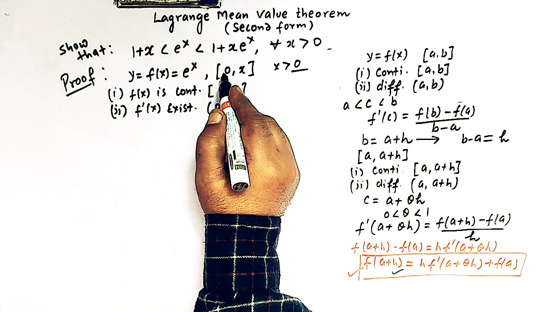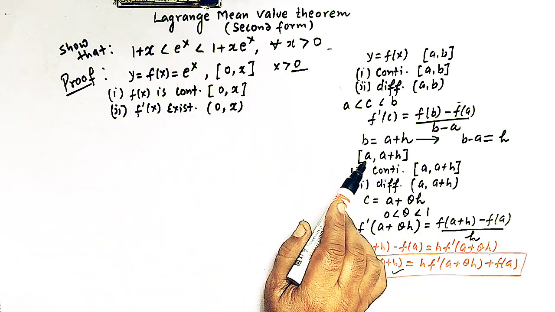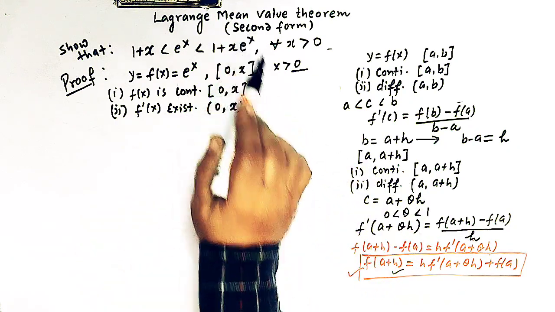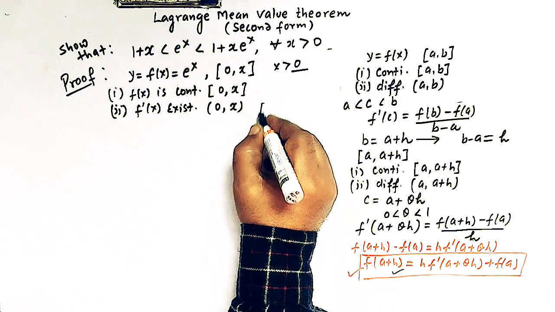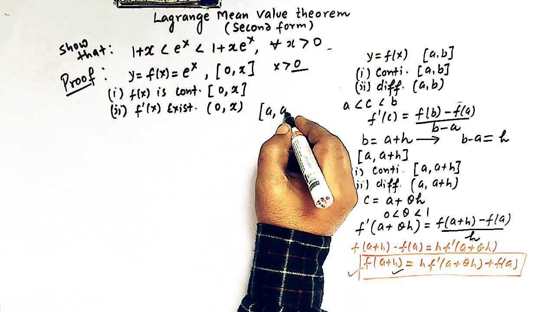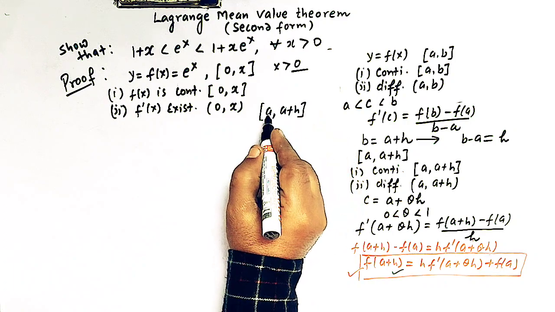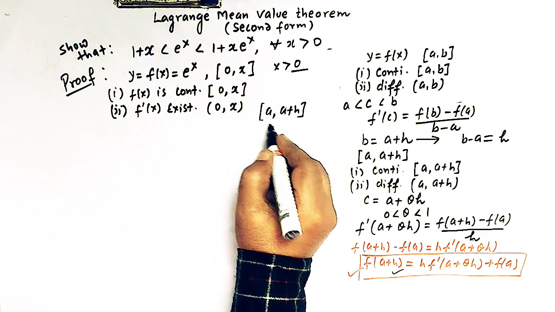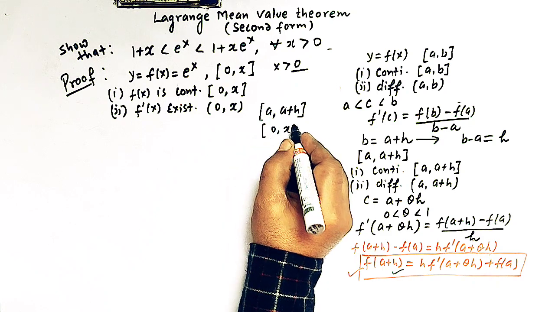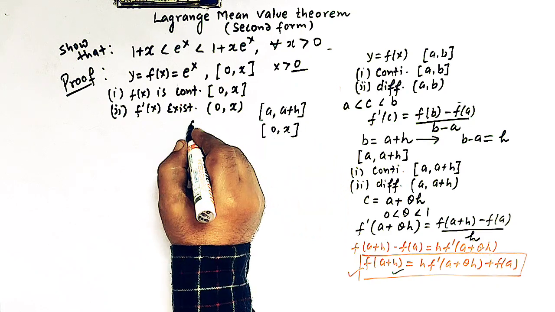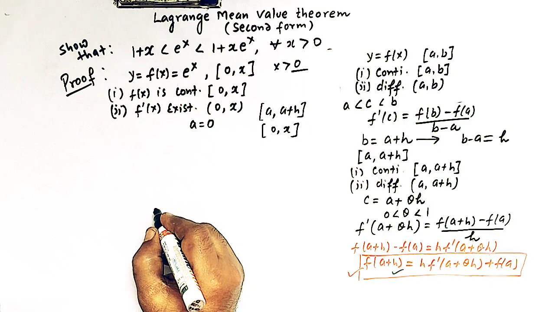Now in the second form of Lagrange's mean value theorem we have the interval a comma a plus h. If we compare this interval with 0 comma x, we can see that our a is 0.